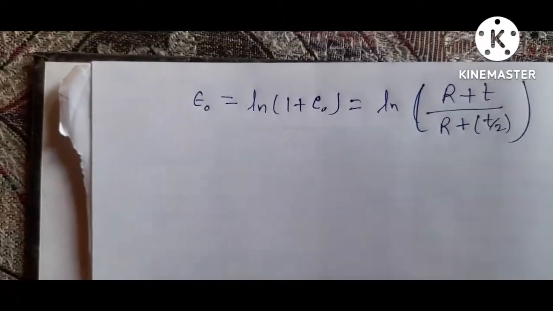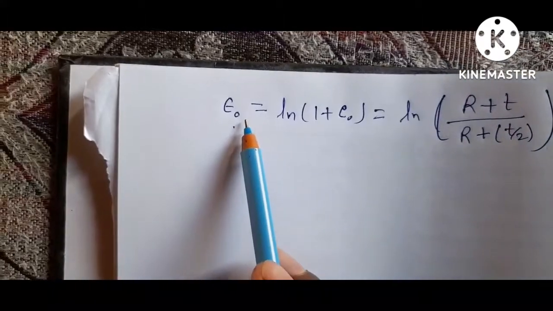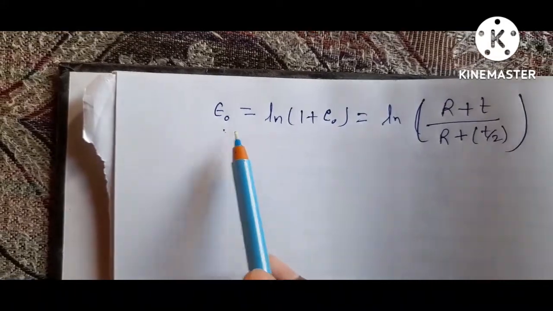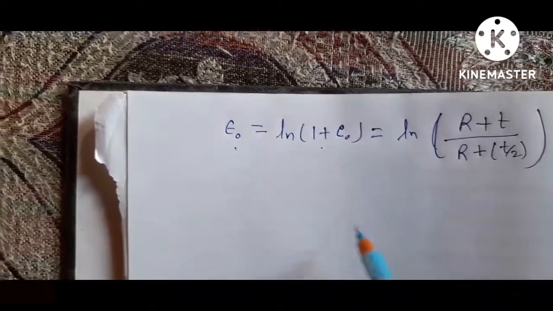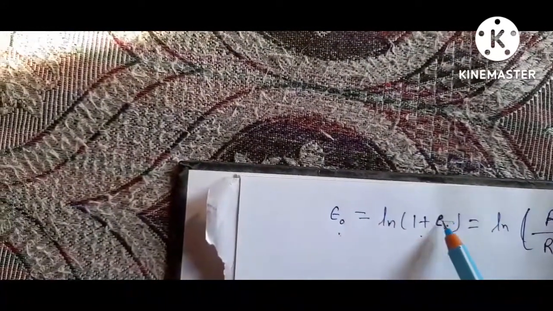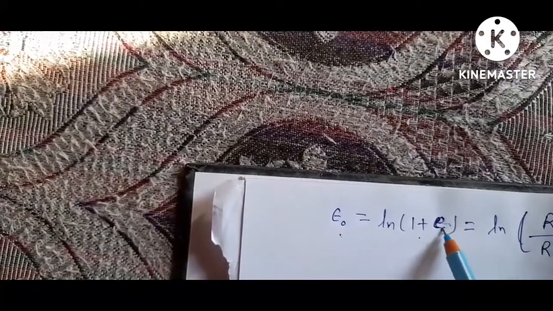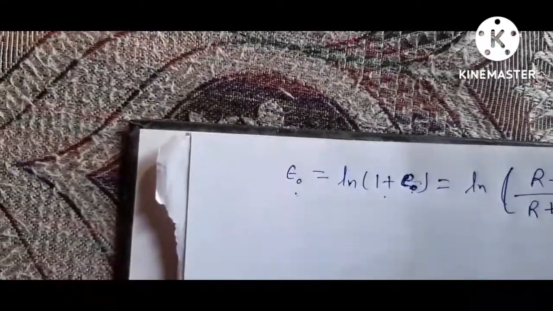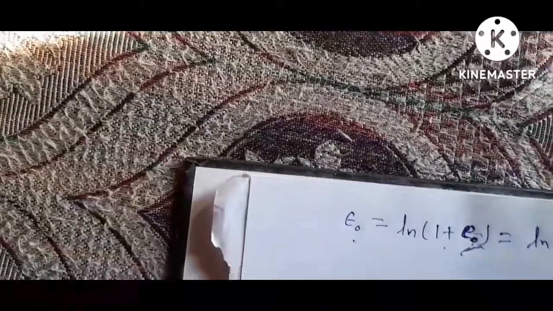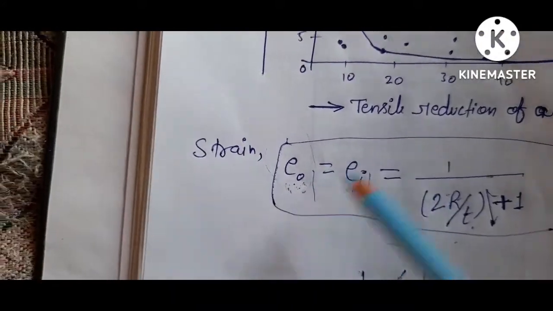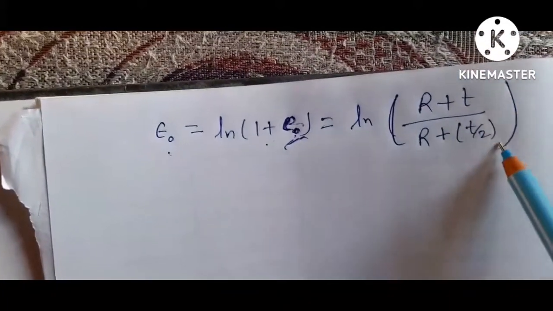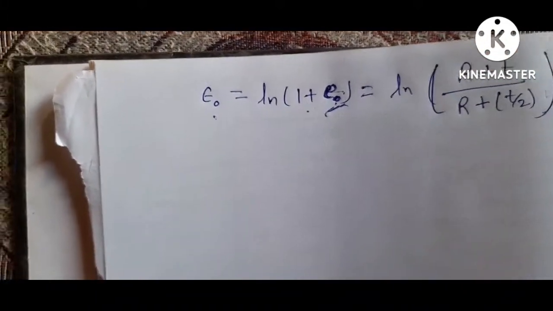The true strain at the outer surface equals ln (1 plus E naught), that is, 1 plus the strain at the outer fiber. You take this value from here and after calculating you get this value. So this is your main formula.